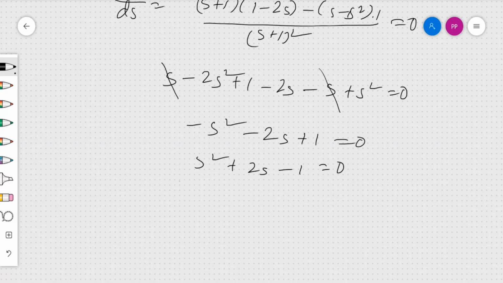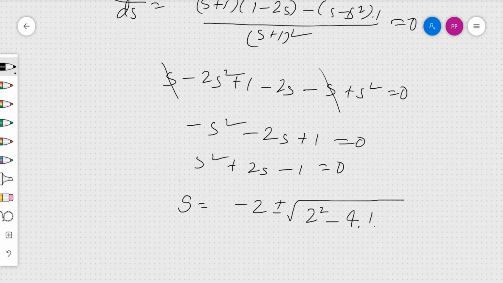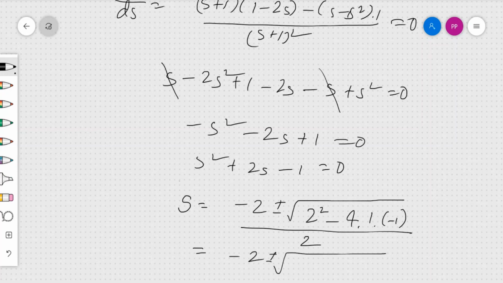So this can be solved for s. So we get s equal to minus b plus minus root b square minus 4ac divided by 2. So this will give us minus 2 plus minus root of 2 square is 4, then minus of minus 4 is again 4, so 4 plus 4 is 8, by 2.